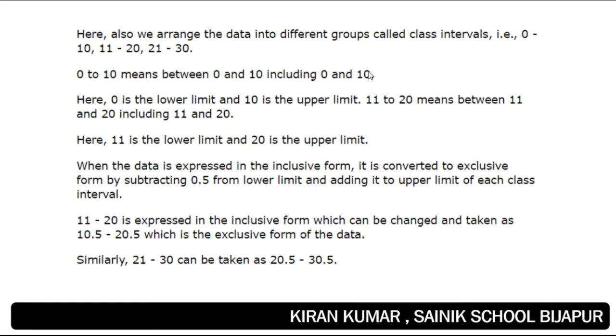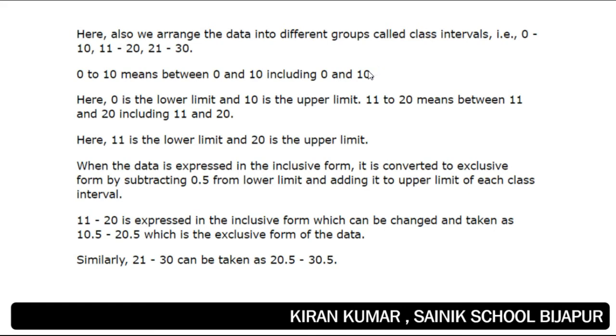Here, 0 is the lower limit, 10 is the upper limit. 11 to 20 means between 11 and 20, including 11 and 20. Here, 11 is called the lower limit and 20 is called the upper limit.